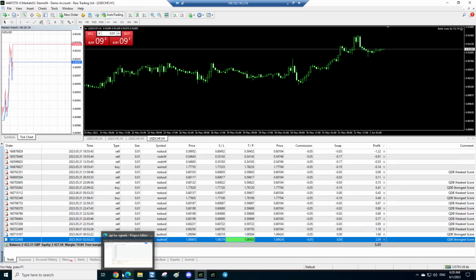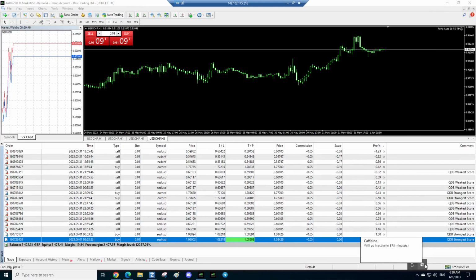That wasn't really ideal. Now we're sending trades on the remote desktop, and it's going to be kept alive by this application, which is really cool. It says it will go inactive in 873 minutes. I just simply have to re-enable it tonight to then stay awake for the next 24 hours, and that's how it goes. So good success there.